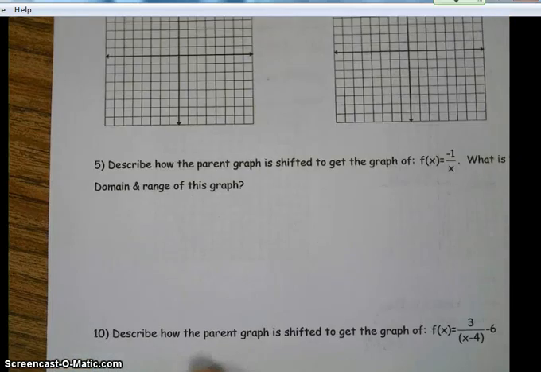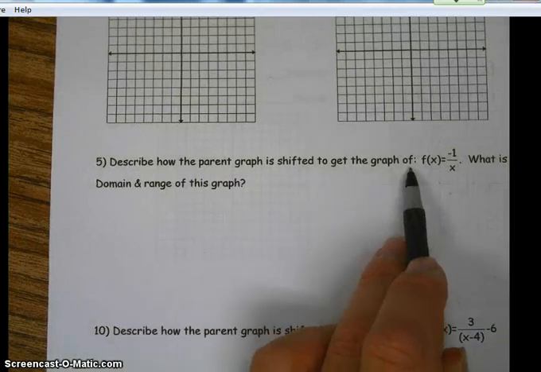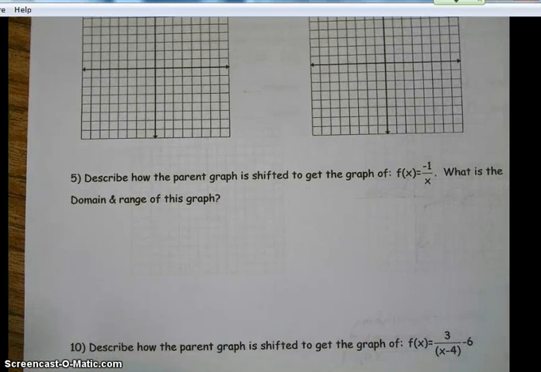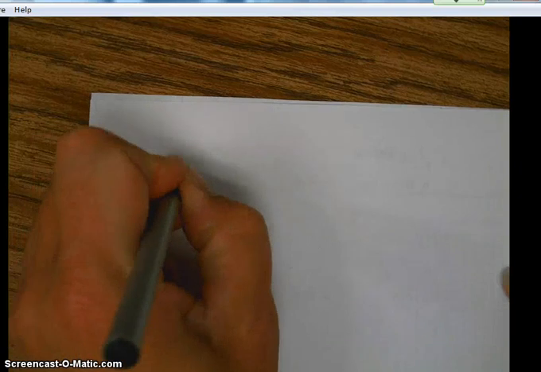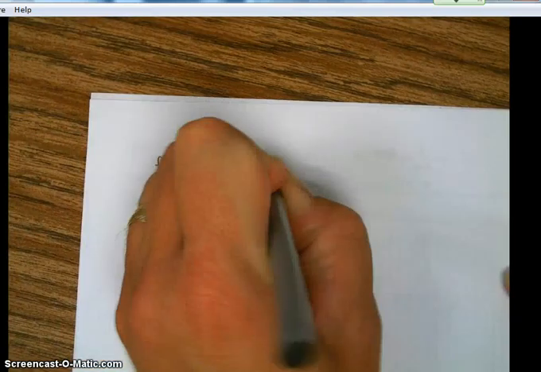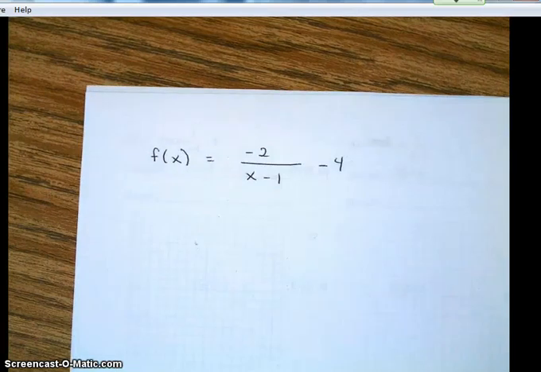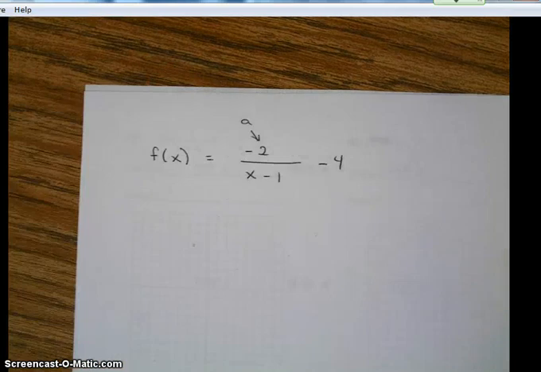Number 5 says describe how the parent graph is shifted to get the graph of -1 over x. What is the domain and range of this graph? So I think what I'm going to do here is, because I want you to do these in class, I'm going to make one up, turn it over to the back, and let's write a rational function. We'll do a little bit of everything, shall we? So, right off the bat, our a value is 2.